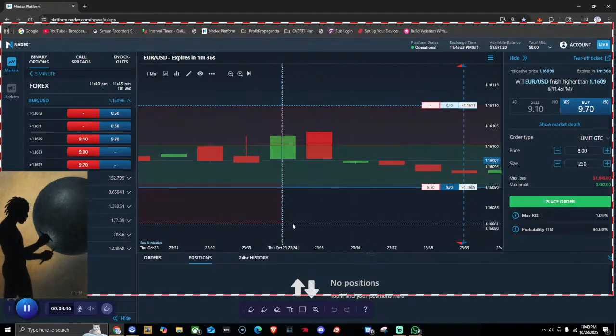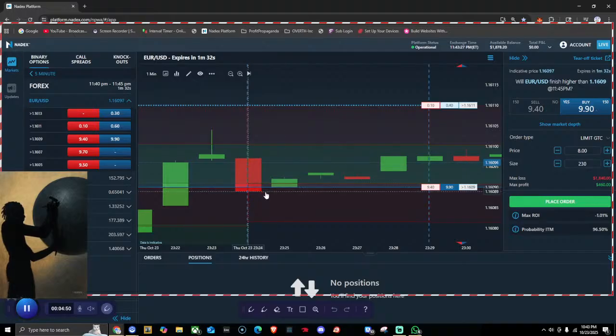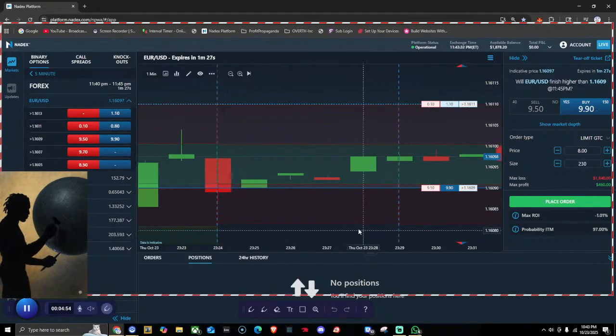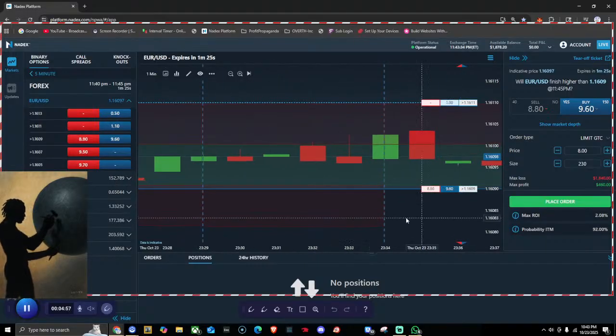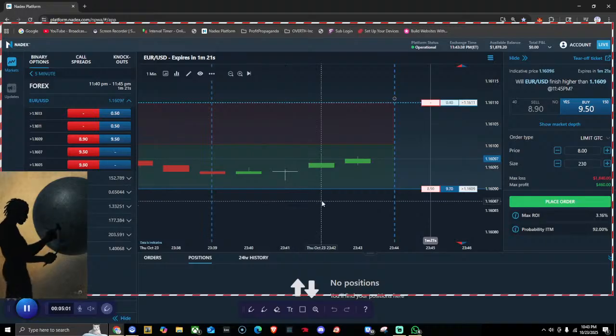This one has touched 2 positions, this one has touched 2 positions, this one has touched 2 positions. So we have a consistent 2 position range of movement, but this one has stayed inside of one position. That's a good thing in terms of the timing.